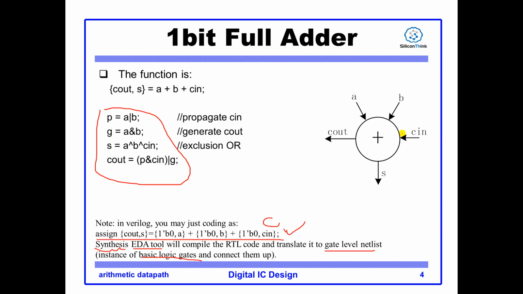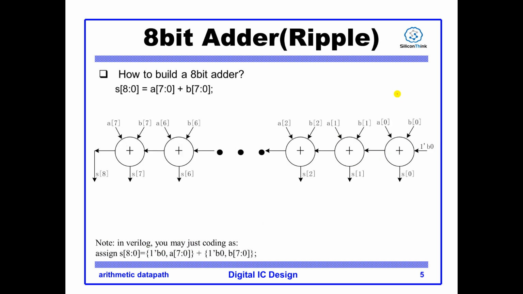By the way, if you omit this input or you tie this input to 0, we call this a half adder, because you miss something of the input. If you have a 1-bit full adder, which we have learned before, then you can build an adder for any number of bits.